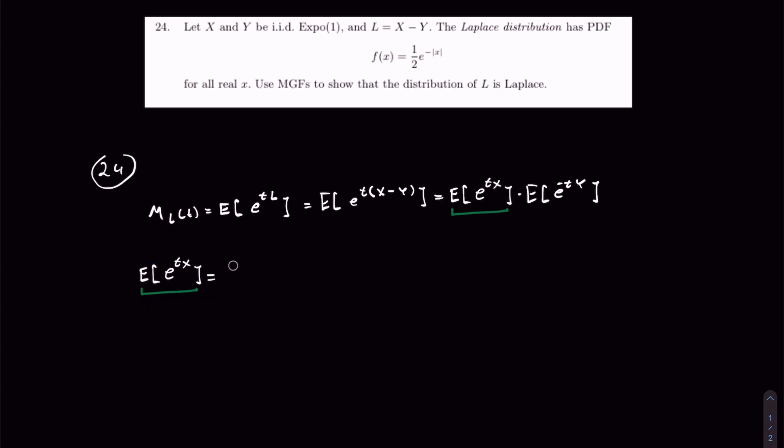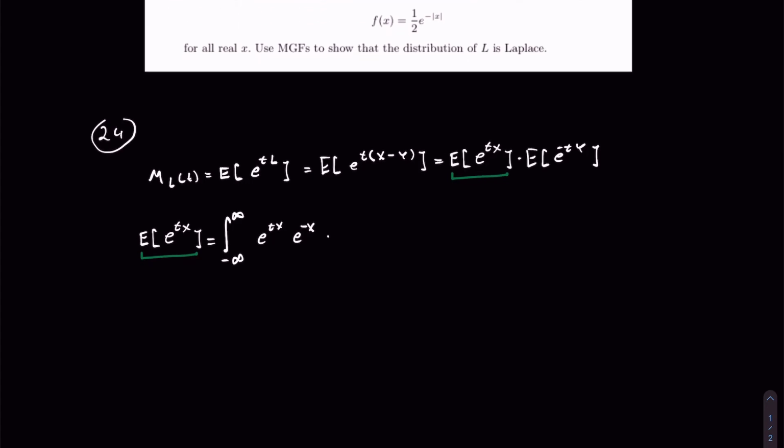And this is now the integral going from minus infinity to infinity of e to the tx, and the PDF of the exponential is e to the minus x, because lambda is 1, so that disappears.